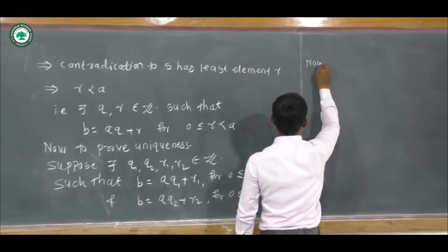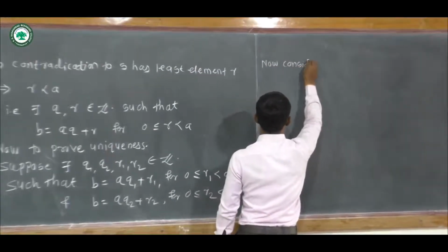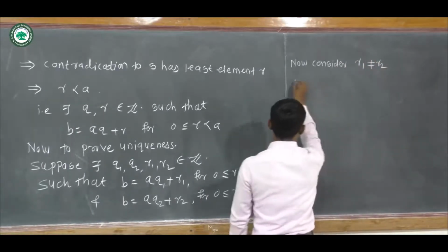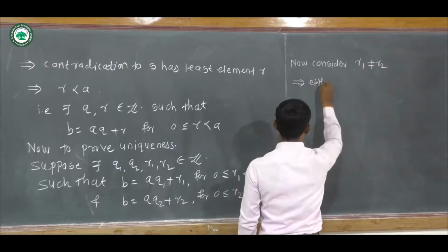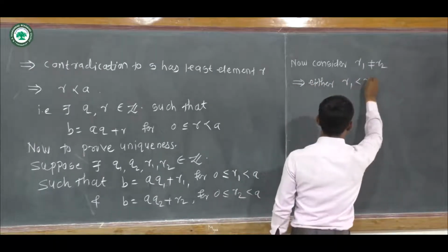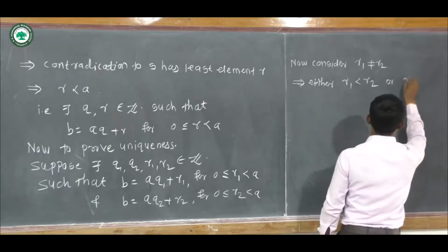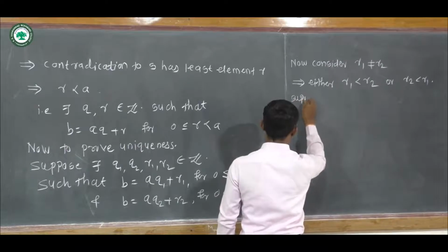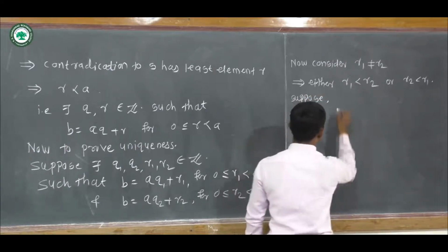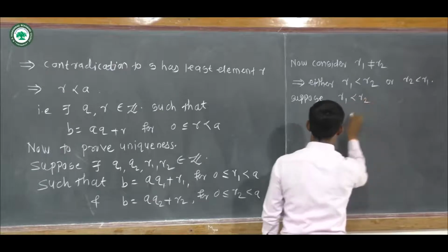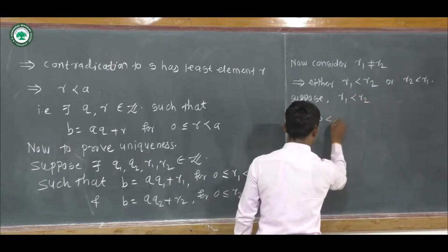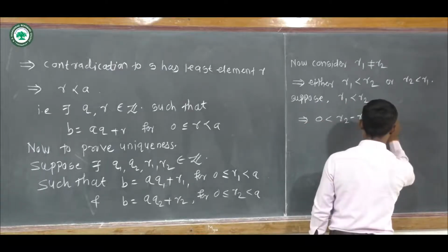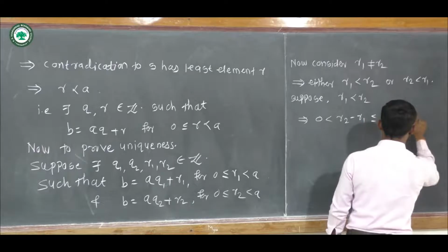Now consider r1 is not equal to r2, which implies either r1 is less than r2 or r2 is less than r1. Now suppose r1 is less than r2, which implies 0 is less than r2 minus r1, which is less than or equal to r2, which is strictly less than a.